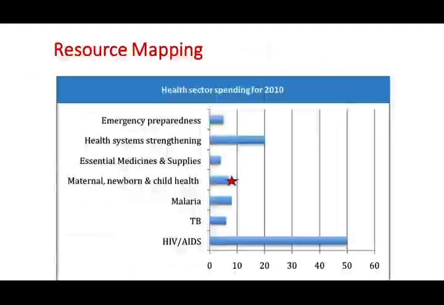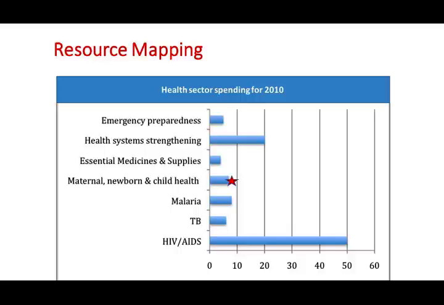In addition, my task as the chief of health and nutrition at UNICEF was to voice for the voiceless, for the mother, newborn, and children. So I really wanted to see within the existing health sector budget how much of it was going to the maternal and child health program. And this was what we did, what we call resource mapping.